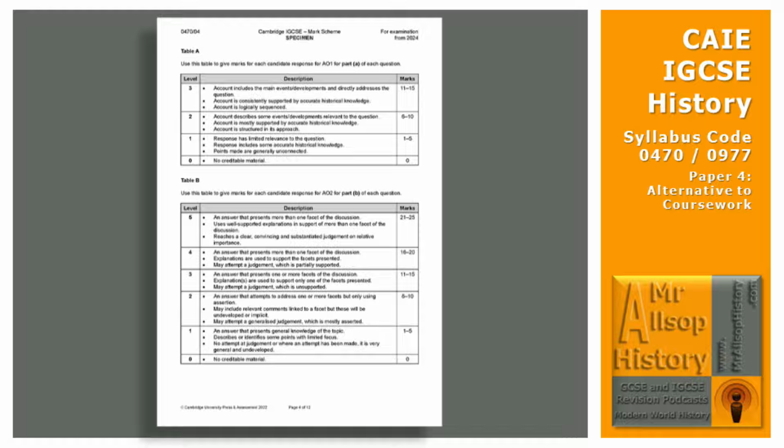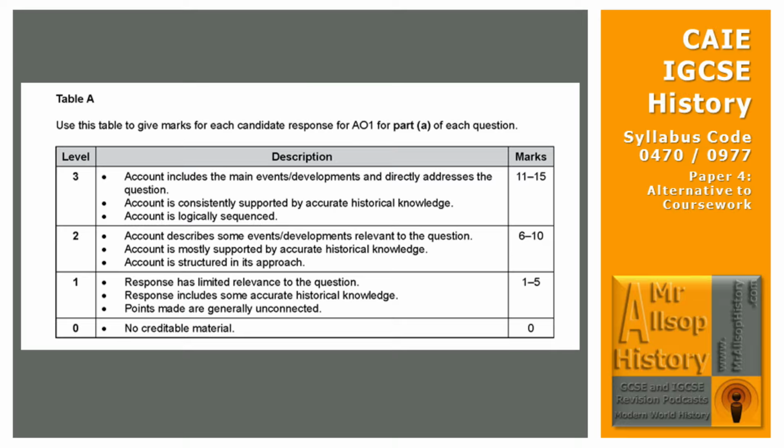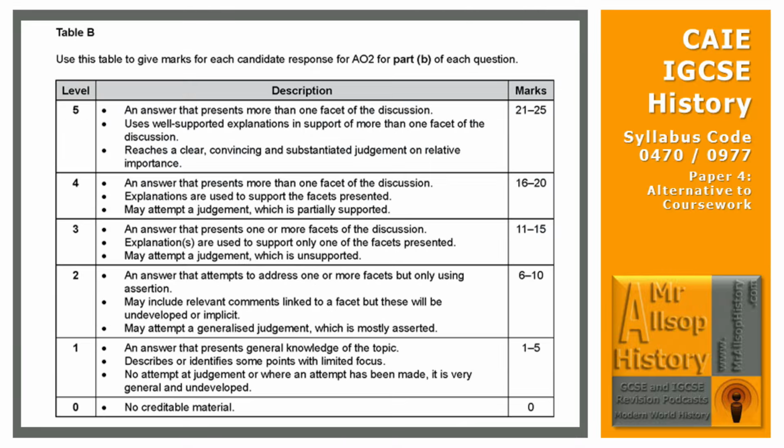The better your answer, the higher the level you receive. Now, Paper 4 is marked out of 40 marks across two questions, one worth 15 marks and one worth 25, and each question has its own level descriptors and therefore its own specific requirements. The 15-mark question has 3 levels, while the 25-mark question has 5.